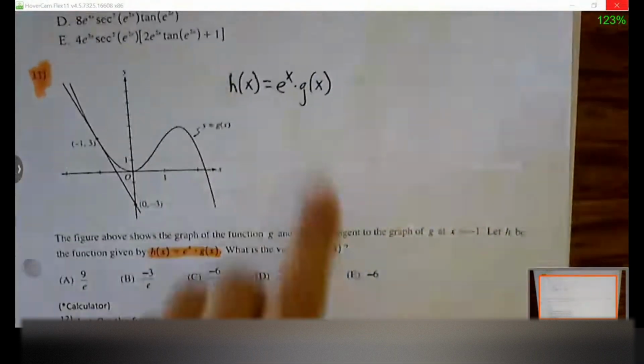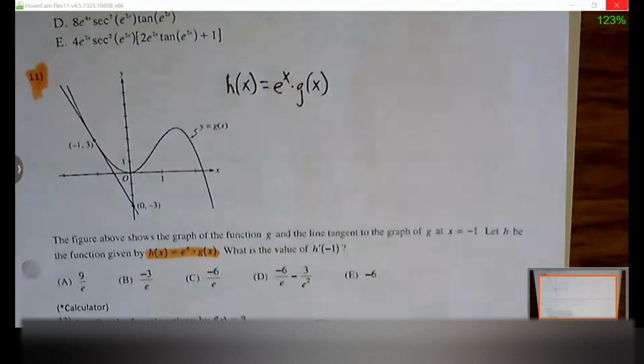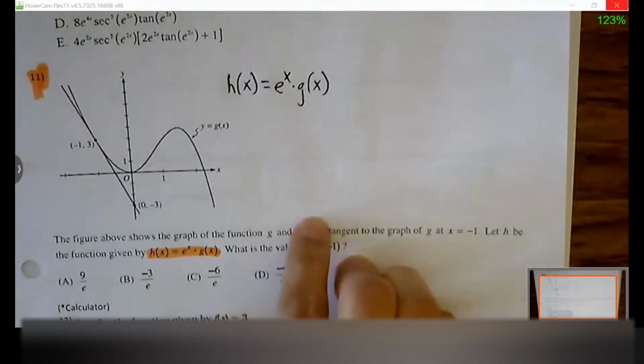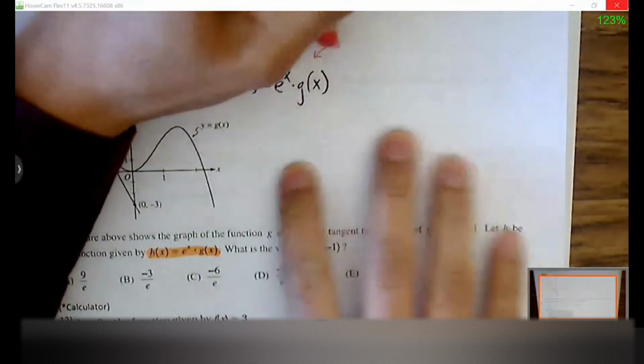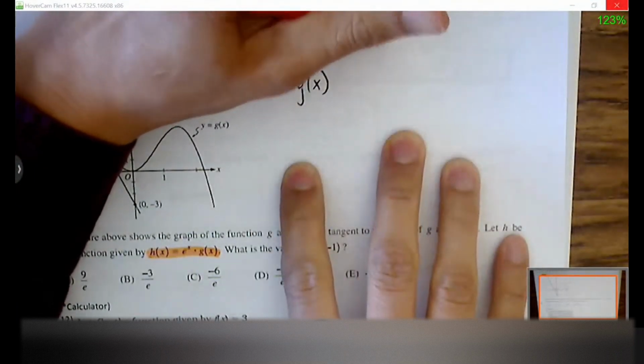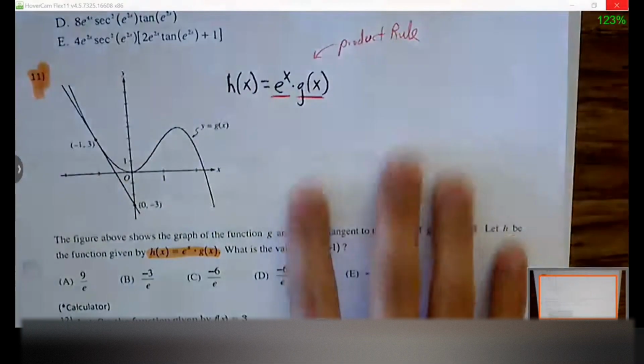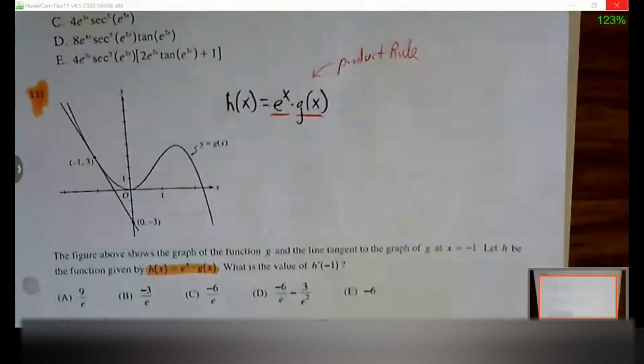What do you see is involved if I want to find the derivative of this expression? Product rule, okay? So go through product rule here. There are my two terms there, my f and g expressions.